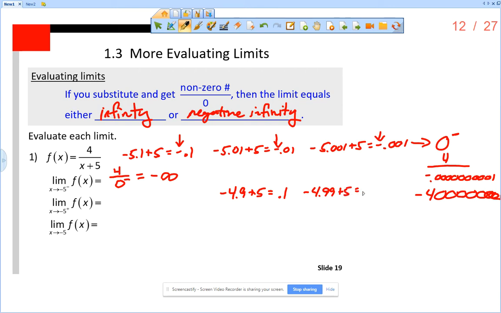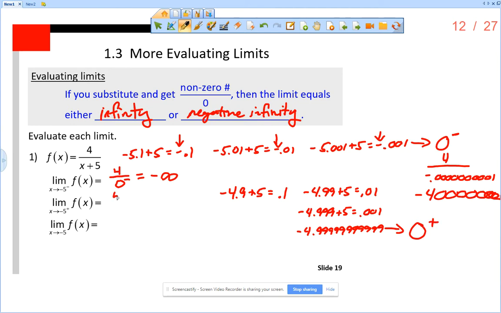Now I get positive 0.01. What about negative 4.999 plus 5? Now I'm going to get even closer, 0.001. What about negative 4.99999999999, and so on? I'm going to get really close to 0 once again, but from the positive side.